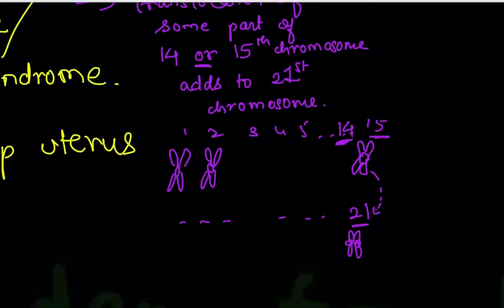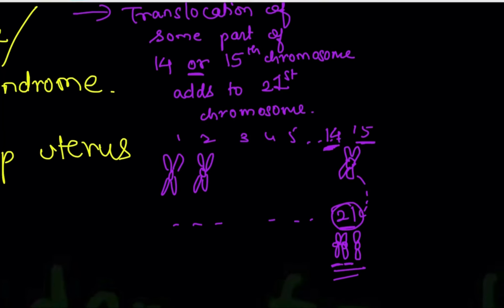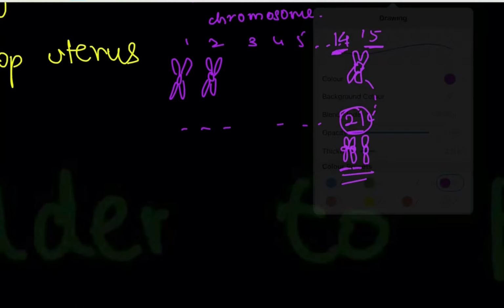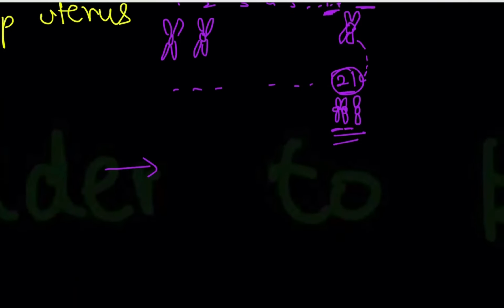Normally 21st chromosome has a pair, that is 2 chromosomes. But because some part of 14 or 15 is coming, it will have one more chromosome, that will cause the trisomy of 21st chromosome. This is called translocation. So remember this. Now let's look at some of the symptoms of Down syndrome.